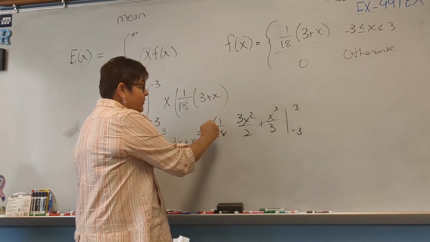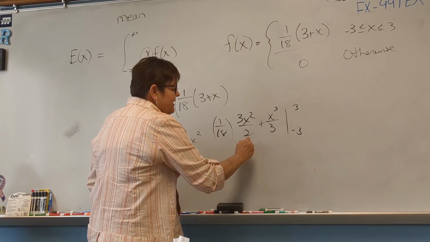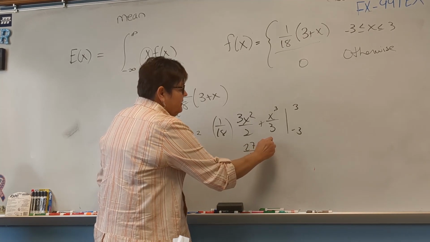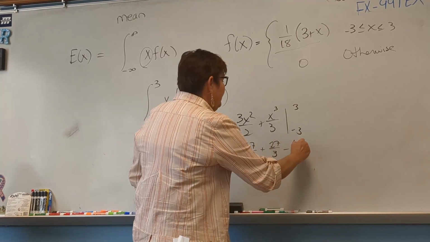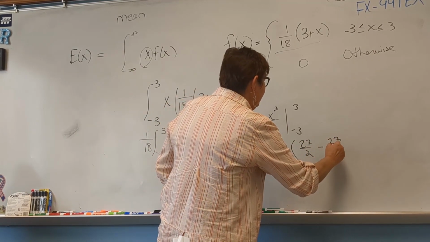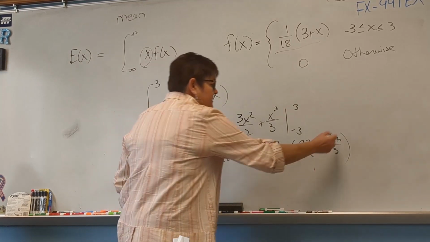And don't forget, we have 1/18 that has to be mixed in. So 27 halves, right? Plus 27 thirds minus 27 halves minus 27 thirds, all over 18.